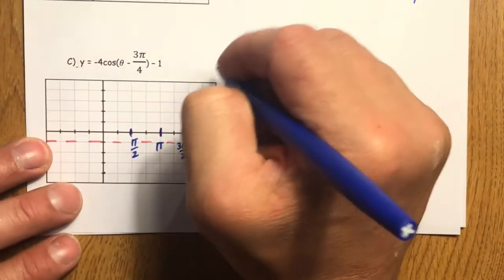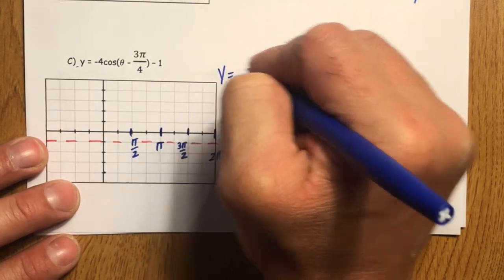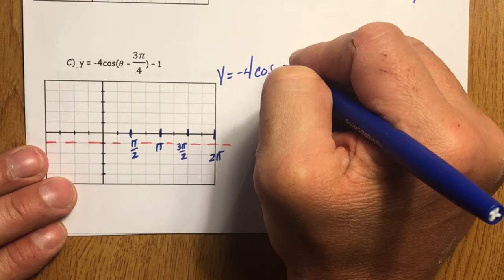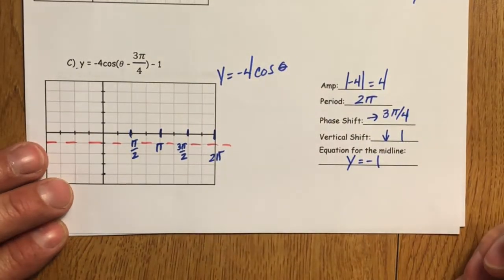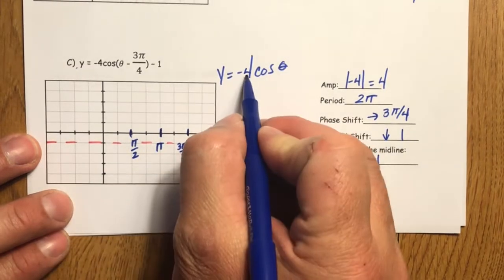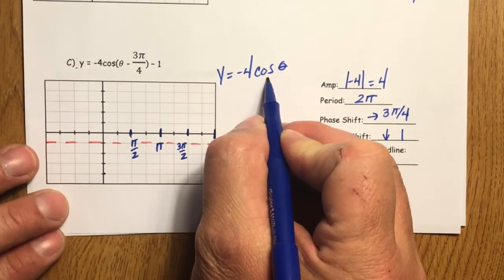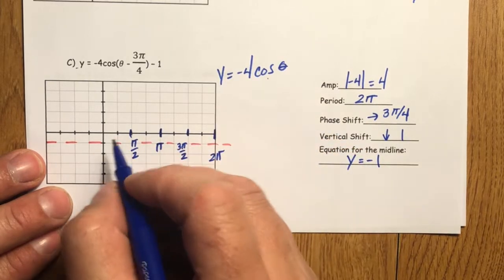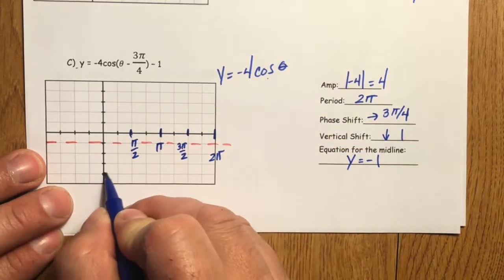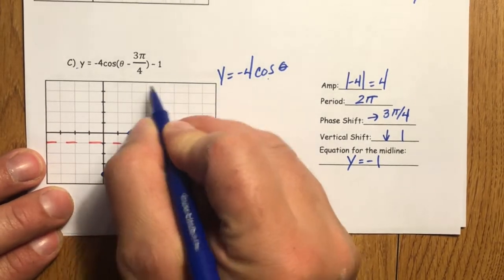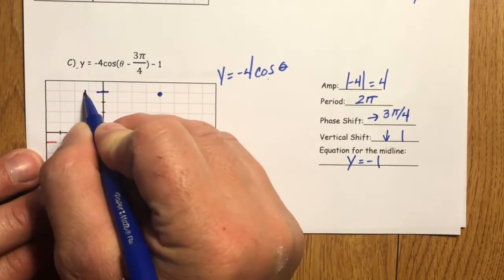All right, so let's just graph this parent, -4 cosine theta. Now, two things here. It's a negative and it's cosine, so I have to start at the minimum. So 1, 2, 3, 4. I'm going to go minimum, 0, maximum.